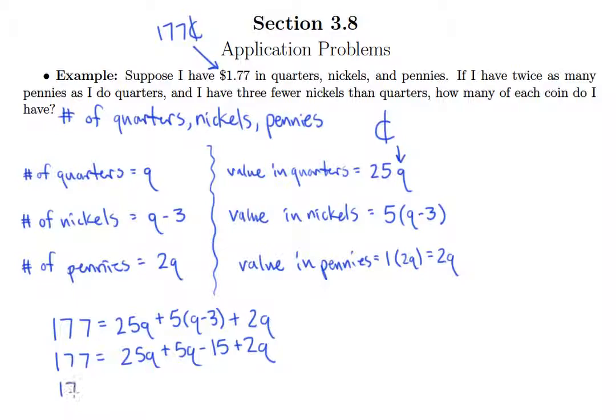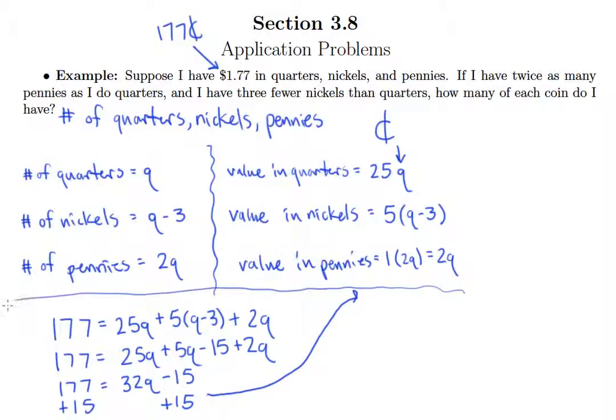Let's get all the Q's together. 25 plus 5 is 30, plus 2 is 32, and then minus 15. Now we can start solving our equation. I'll add 15 to both sides. I've run out of room, so I'll come up over here and put a little dividing line. So we've got 177 plus 15 is 192 equals 32Q.